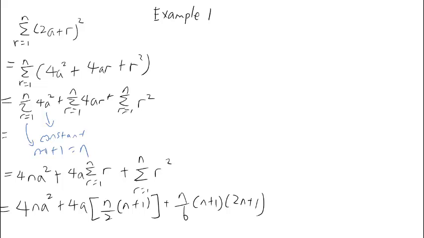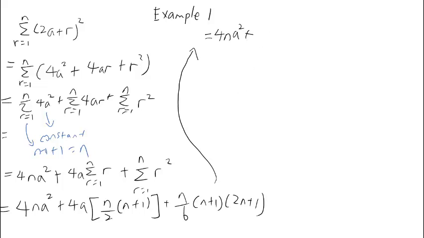For these two, basically just apply the formula. Of course the answer you can't stop here, you have to simplify further. So let me continue the steps here. The 4na square you leave in front.